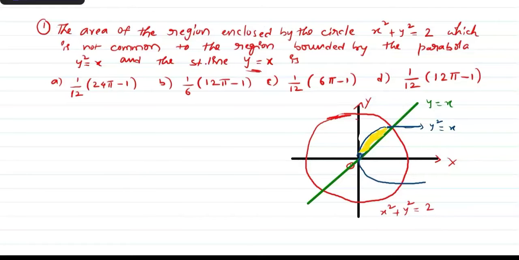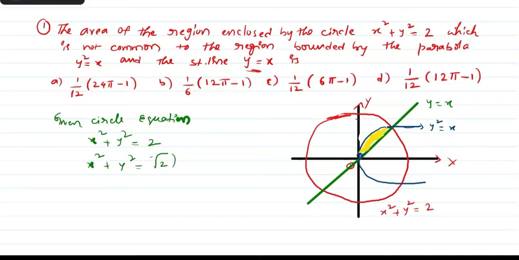See, first of all, the given circle equation is x square plus y square is equal to 2. That means x square plus y square is equal to root 2 whole square.